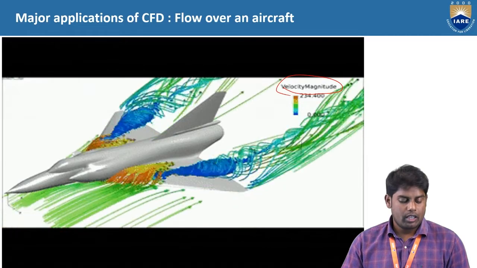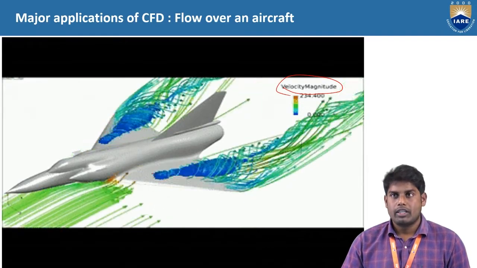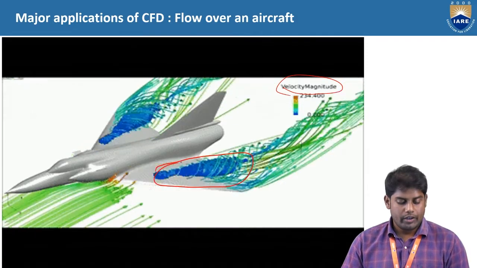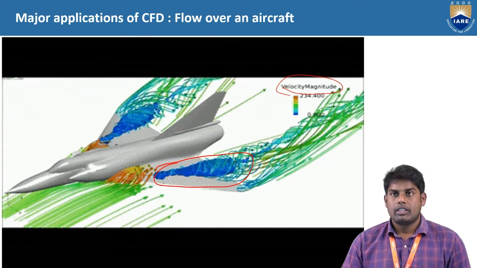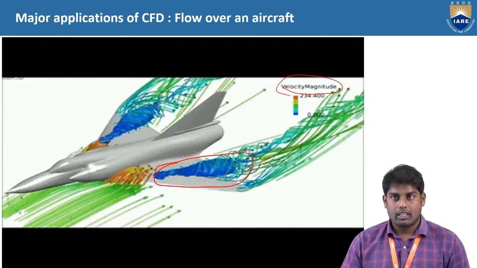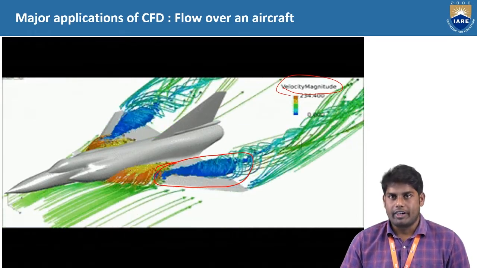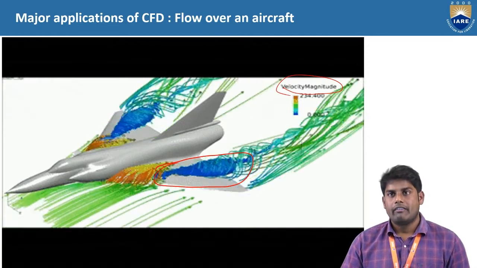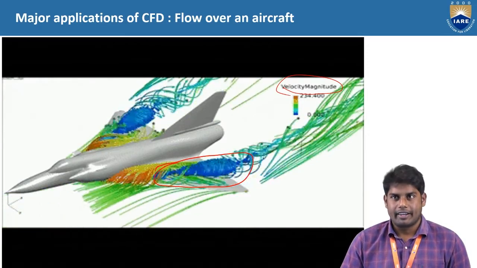You can see that on the wing, in the starting portion, the flow is expanding and it is increasing. Here you can see the blue color region. There is a secondary flow which is forming. This is a delta wing configuration, a fighter aircraft. So you can see how the flow is behaving when it is moving on a fighter aircraft.